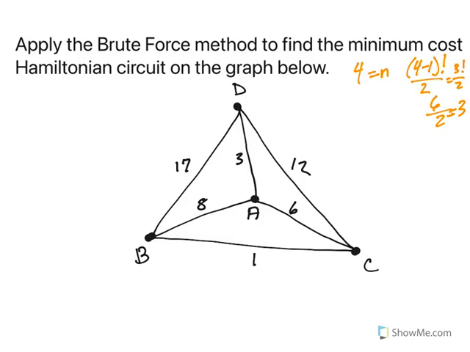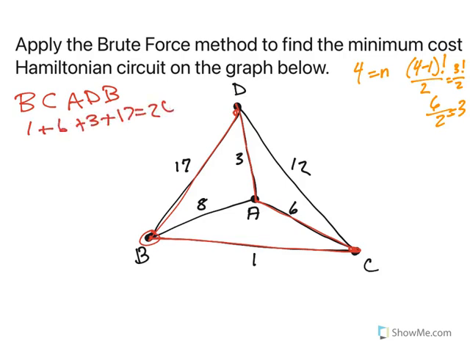So the first one, well, I'm going to use B as kind of my starting point, okay? So if I would go B to C to A to D to B, right? Because it's a circuit. So B, C, A, D, B. Well, what is the point value of that? 1 plus 6 plus 3 plus 17 gives me a value of 26.